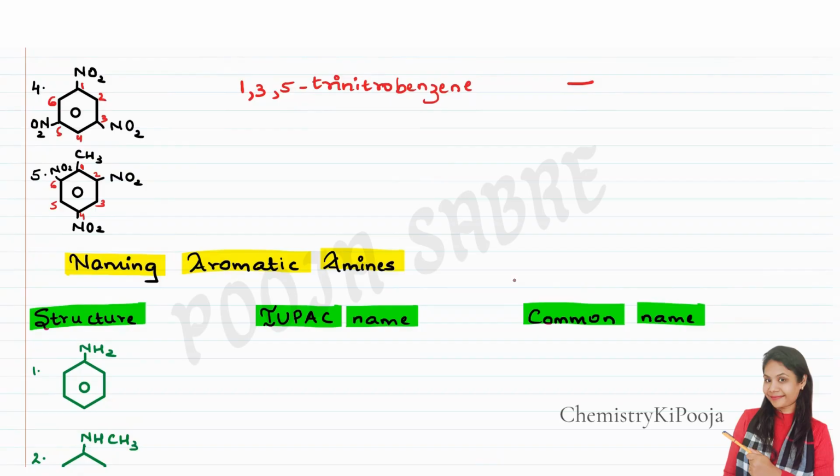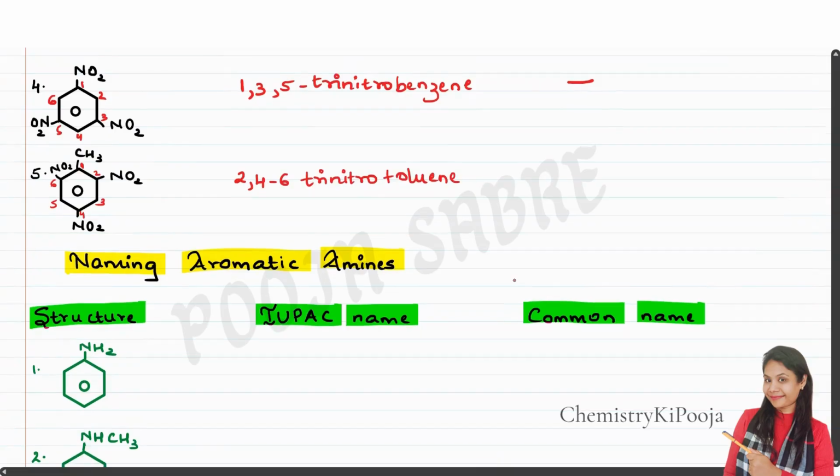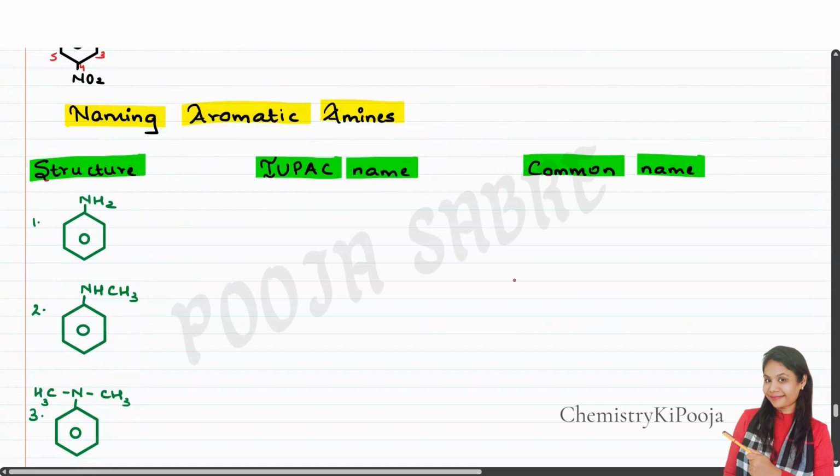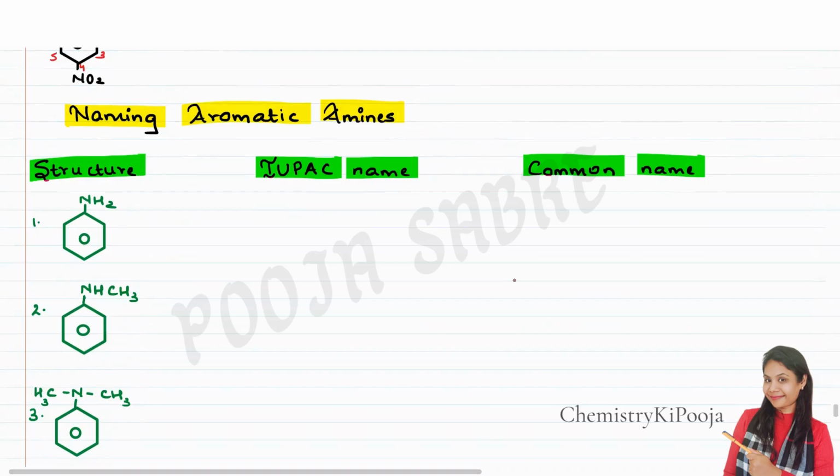So the naming is 2, 4, 6, then we have 3 nitro groups, so trinitro. And then the parent is not benzene, students. It is toluene. Clear?